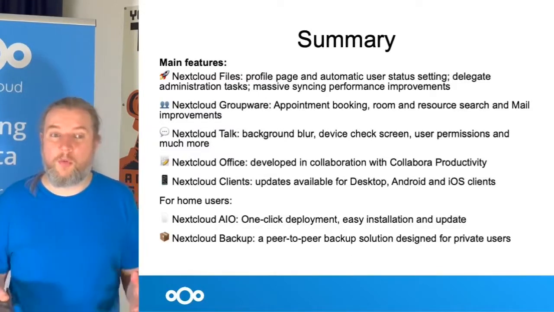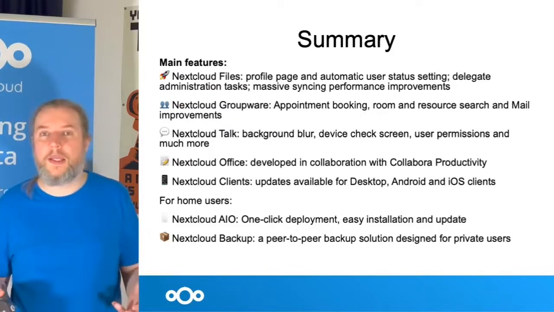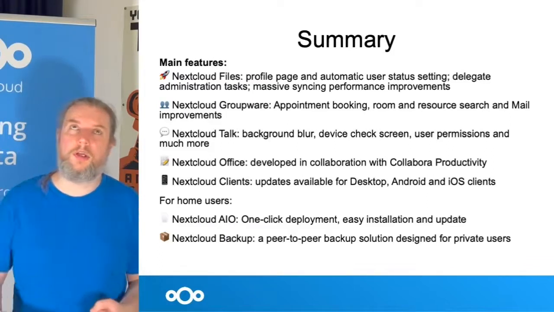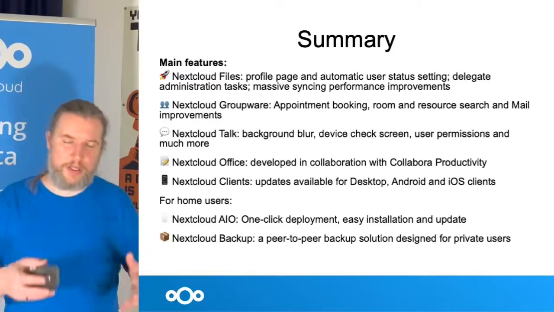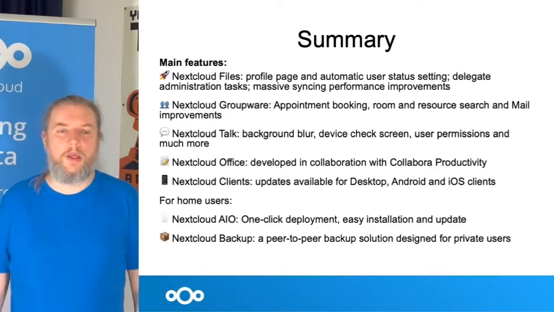Improvements in Nextcloud Groupware. We introduced appointment booking. That's really cool. You might know this from like Calendly, that you can book and approve an appointment with somebody else. In the web interface, you can see the calendar and then say, okay, I have this time, and really cool. Nextcloud Talk introduced background blur, a device check screen, user permissions, and a lot of other stuff.